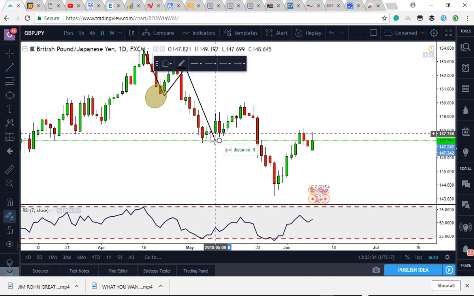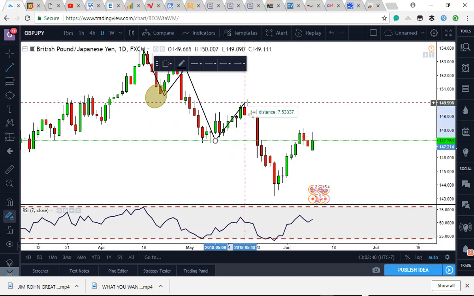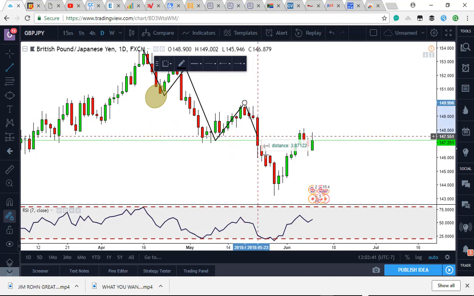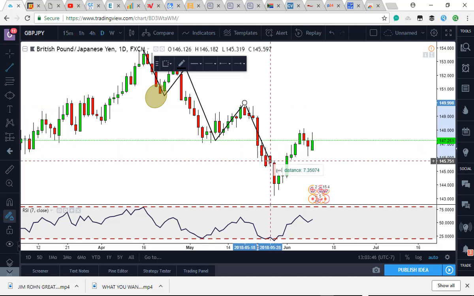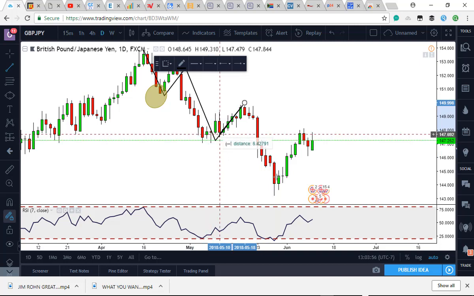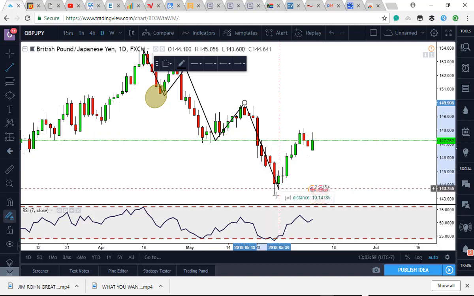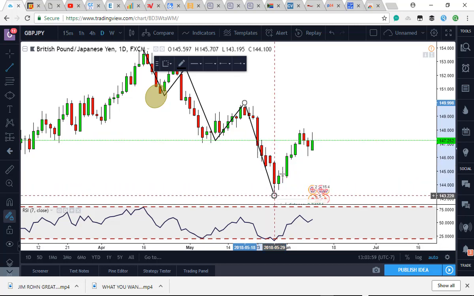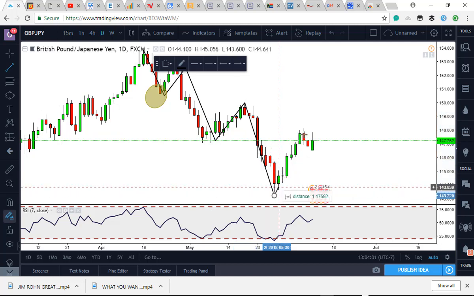From this point, price decides to give us another relief to the upside, and finally this is where we continue to the downside. Now what happens again? Look left, structure leaves clues, guys. This is where again we violate another significant structure level, and we continue to the downside, and this is where price action is currently at.